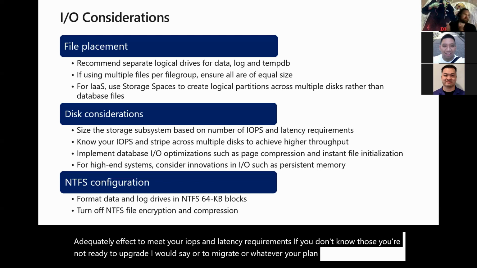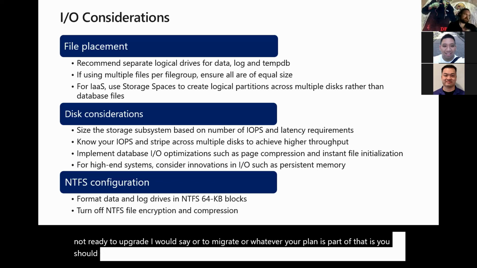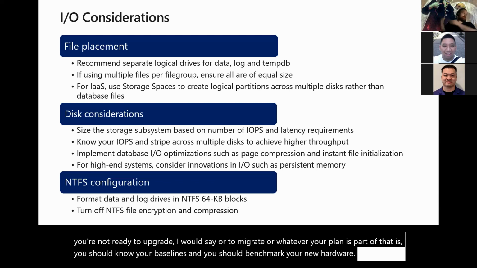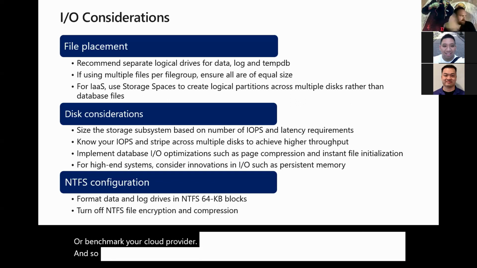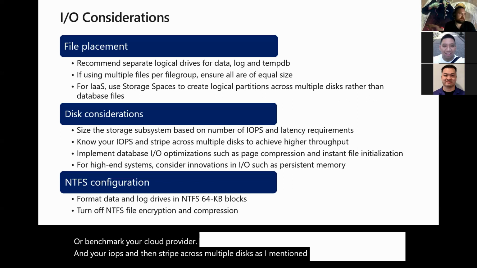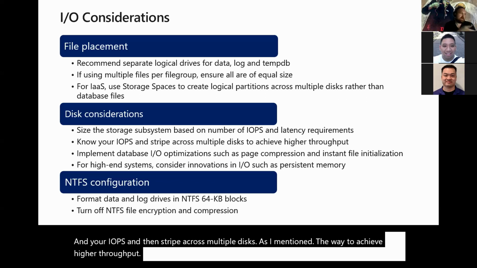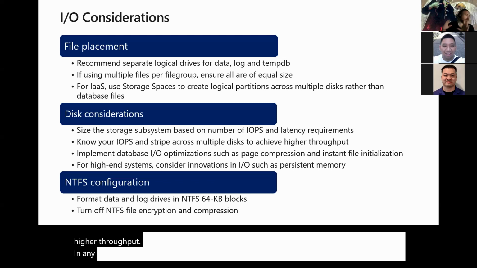Part of that is you should know your baselines, and you should benchmark your new hardware, or benchmark your cloud provider. So know your IOPS, and then stripe across multiple disks, as I mentioned, is a way to achieve higher throughput in any cloud environment.